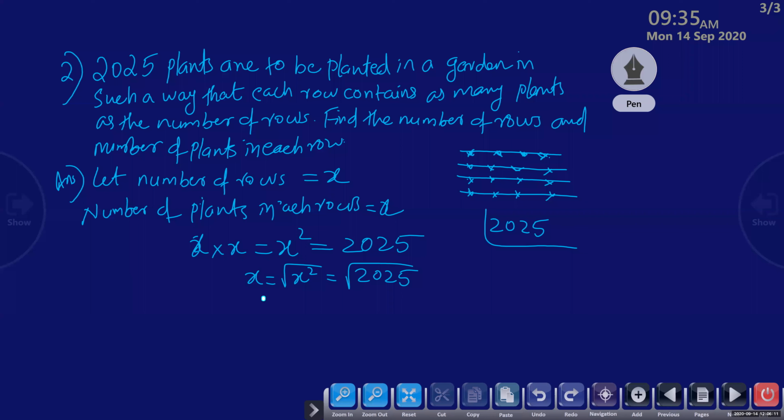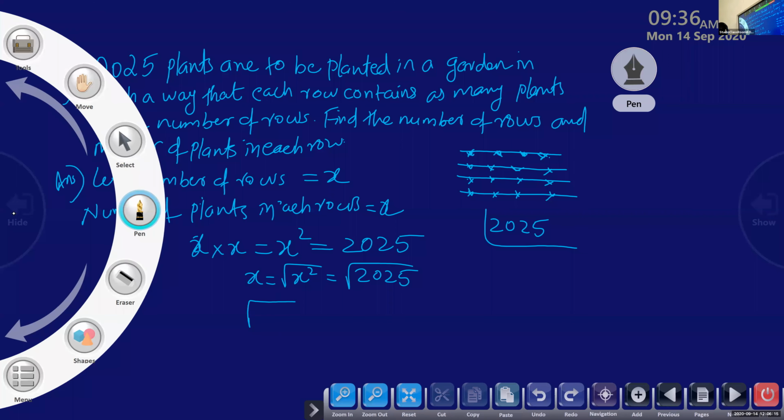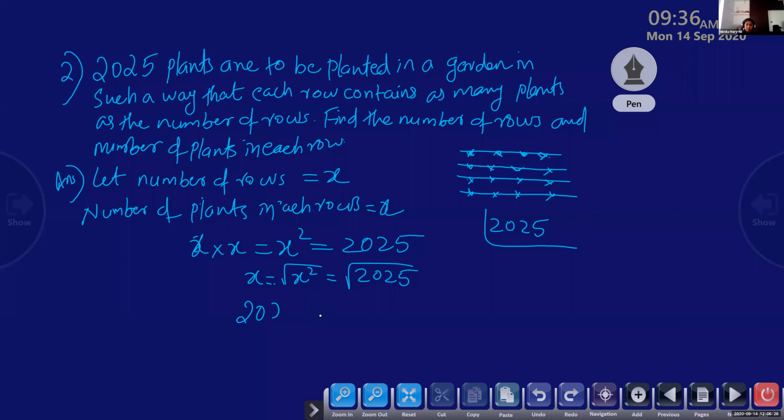45. What are the factors? 5 into 5, then 3 into 3. How many threes?